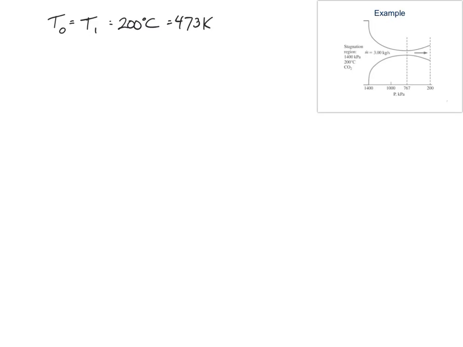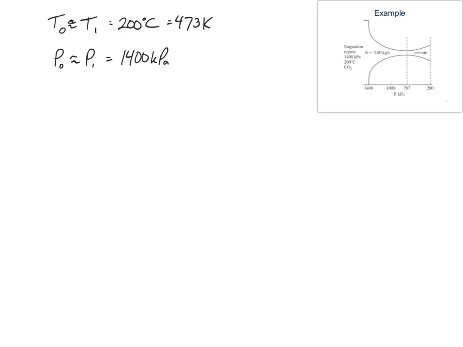Stagnation pressure is approximately equal to our pressure at 1, again just because it's low velocity. Essentially, the velocity needs to be 0 for it to actually be stagnation, so we're going to say approximately. So the stagnation pressure is 1400 kilopascals. Those are our stagnation values that we'll be using in our calculations.